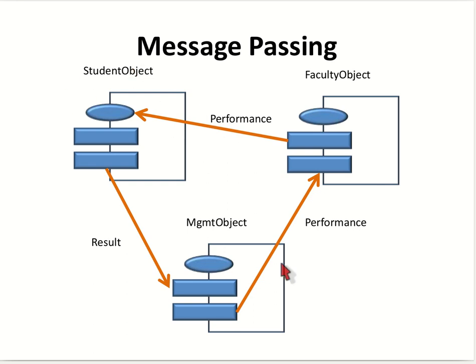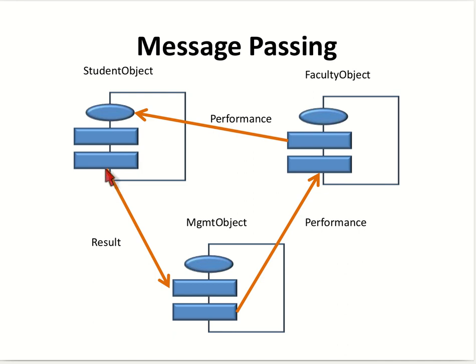There are three different objects: a faculty object, a student object, and a management object. The management object invokes a function or method which is present in the faculty object, that is the performance. In turn it calls the function which is present in the student object, and this object will produce the result.